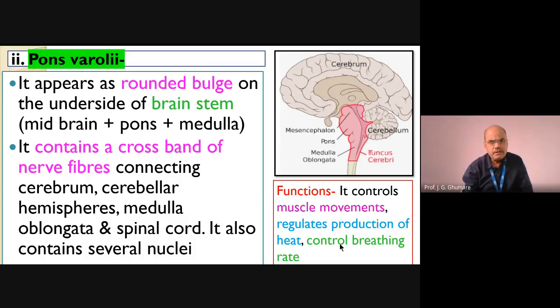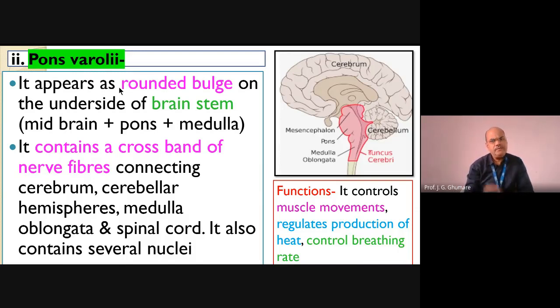I told you we have 16 to 20 cycles of inspiration and expiration, and that is controlled by the pons varolii. So these transverse bands of nerves form a bulging, having connections to all parts of the brain, and this is called the pons varolii, with the main functions of muscle tone, production of heat, and control of breathing.